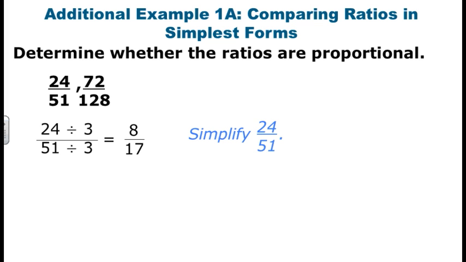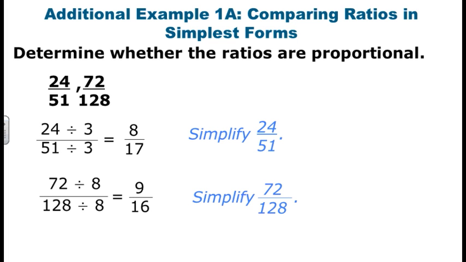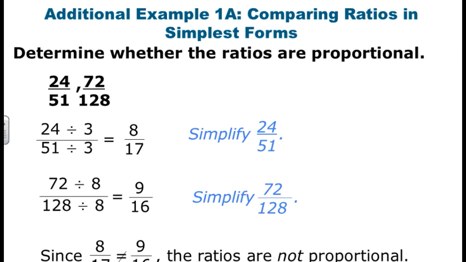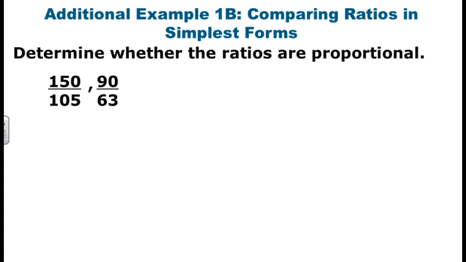So 24/51, 3 goes into both of them and it simplifies to 8/17. Then we're going to simplify 72/128. If we divide both of them by 8, we get 9/16. So are these two proportional? That means, are these two equivalent ratios? They are not equivalent ratios, so they are not proportional.